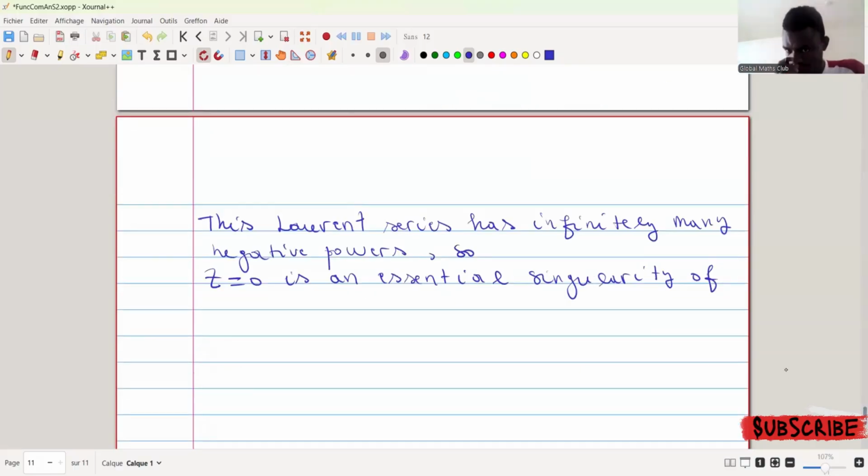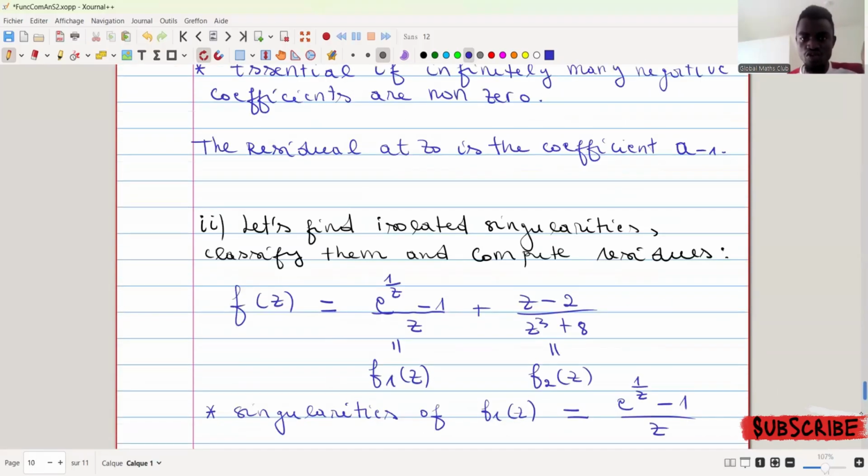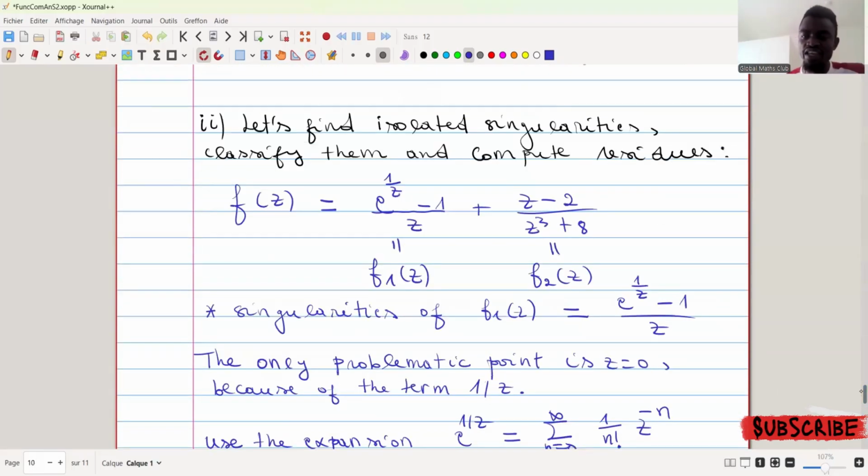And you are going to see that this one doesn't have any impact on the second one. So for the second function, if you replace z by 0, it doesn't have any impact, so it's not a singularity there.